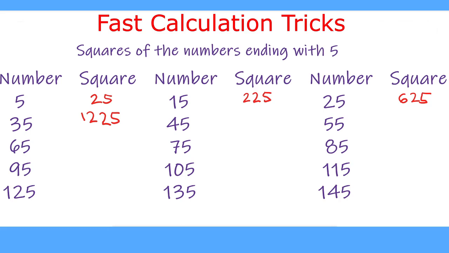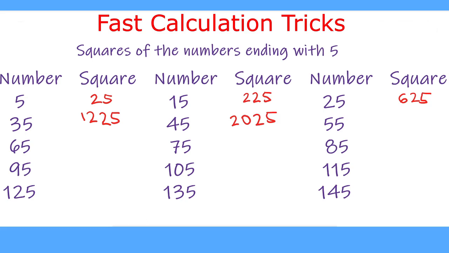Square of 45. Ones place the number is 5 and at tens place the number is 4. The next higher number of 4 is 5. We multiplied 4 by 5, that gives us 20, and after 20 we have to write 25. So square of 45 is 2025.